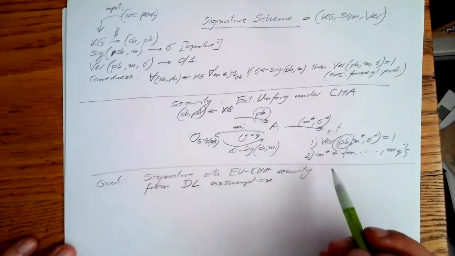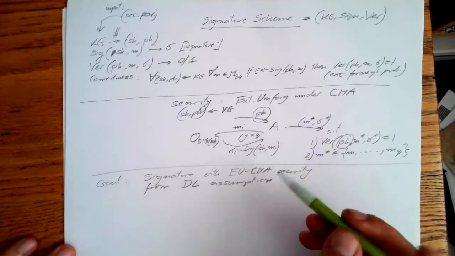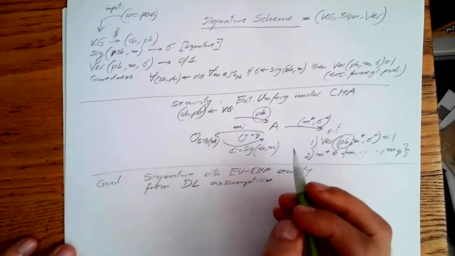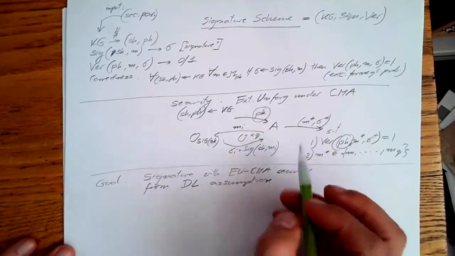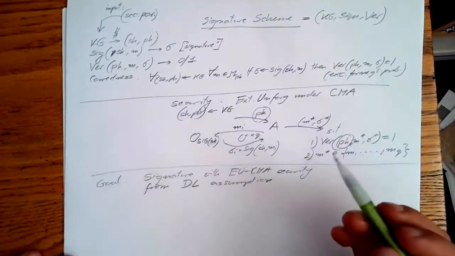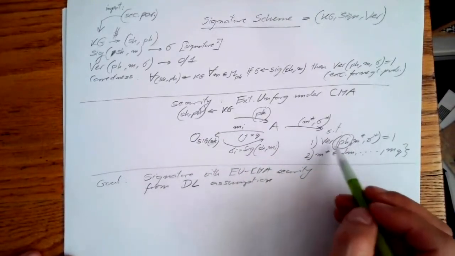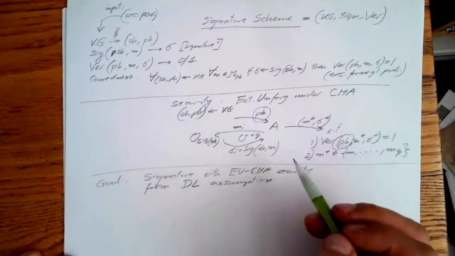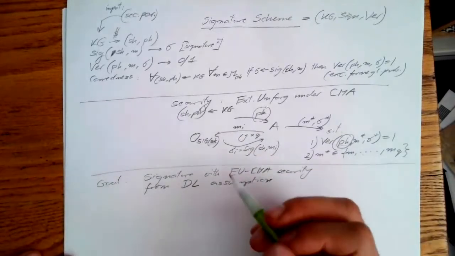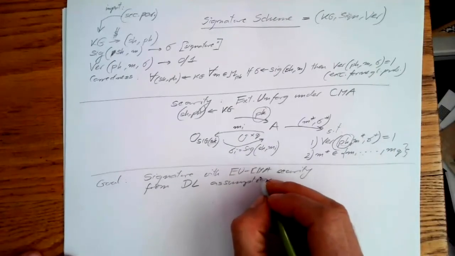Everybody can do verifications, but it still doesn't allow them to forge. It's similar to public key encryption, where an encryption algorithm takes the public input, and only decryption takes the private input. Okay, thank you.